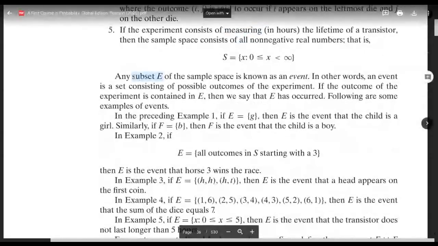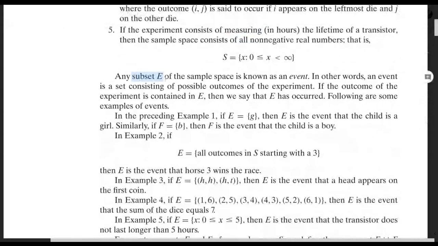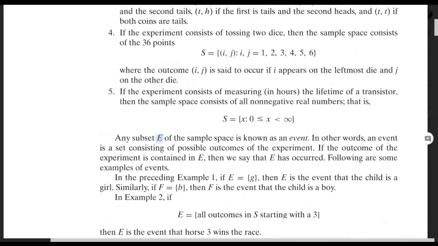So for any subset E, we use E to represent an event. S represents the sample space, E represents the event. So any subset of a sample space we call an event.